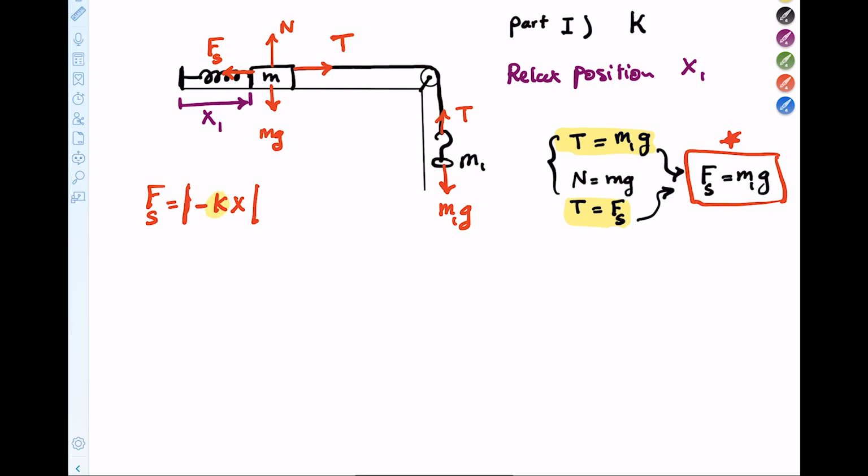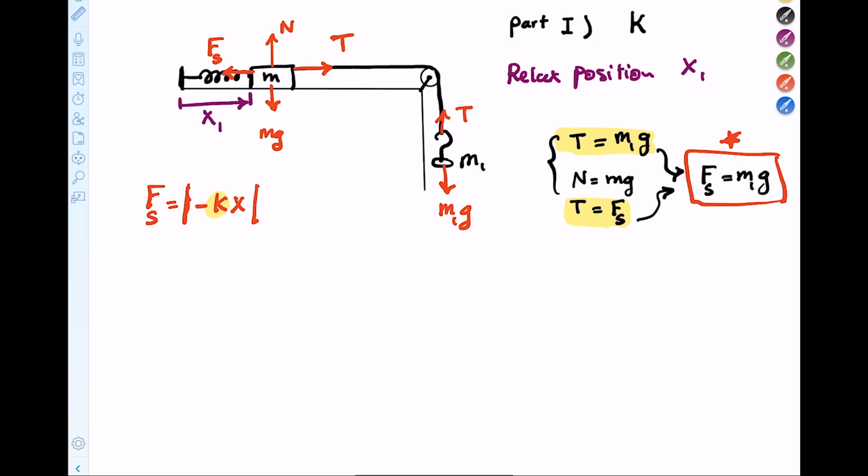It's a constant number, and that's what we're looking for in part 1. And x is the amount of displacement from the relaxed position. When I hang some mass here, it causes this box to be stretched a little bit from this x1 to some other x, along the x direction.